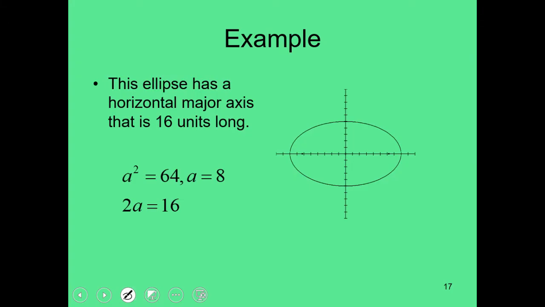Next example ta. This ellipse has a horizontal major axis that is 16 units long. So naay ellipse nga ang major axis is 16 ni. So a squared is 64. Ngano man? Because your a is 8.